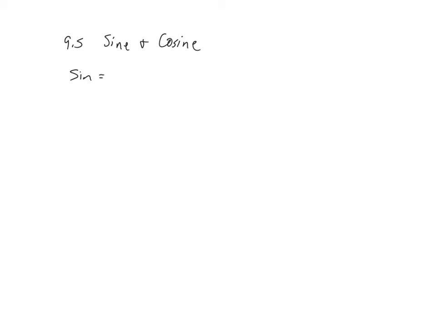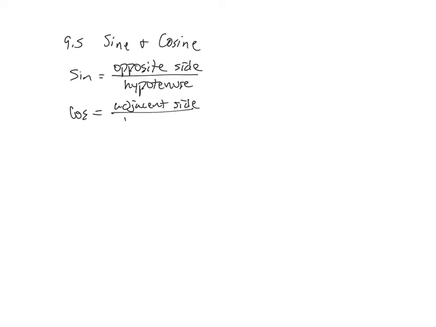But sine is the opposite side over hypotenuse, and cosine is the adjacent side over hypotenuse.